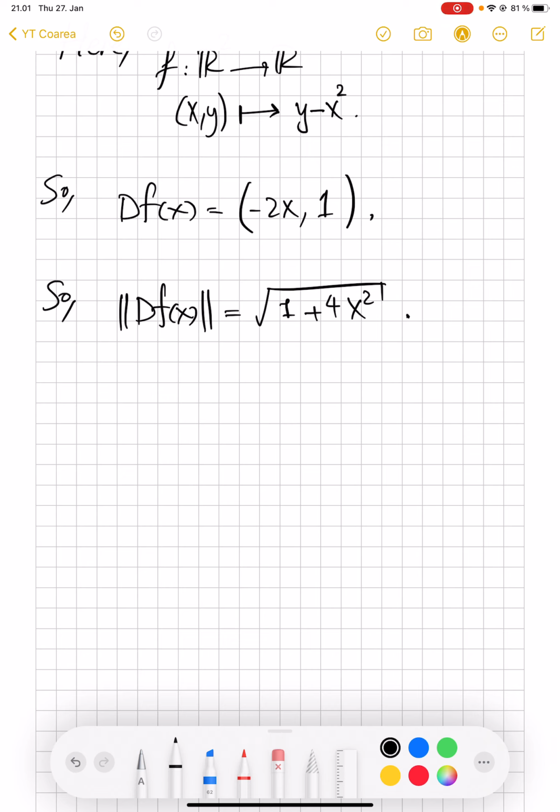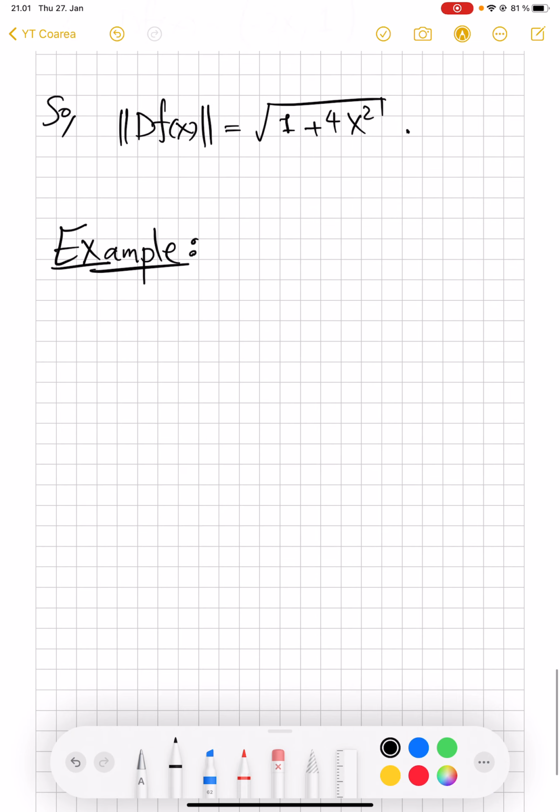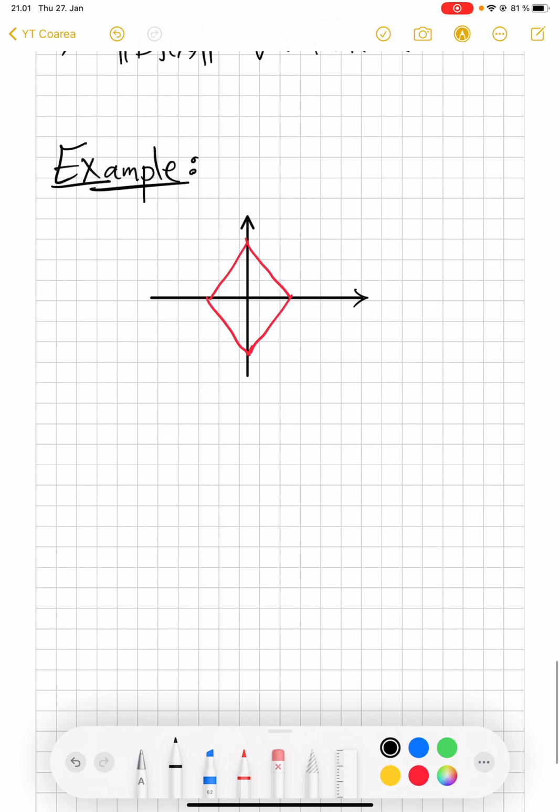And another cool example that I couldn't resist putting here is the one where you wonder how you could integrate along diamonds and then sum them up to get the integral of a function over R2.